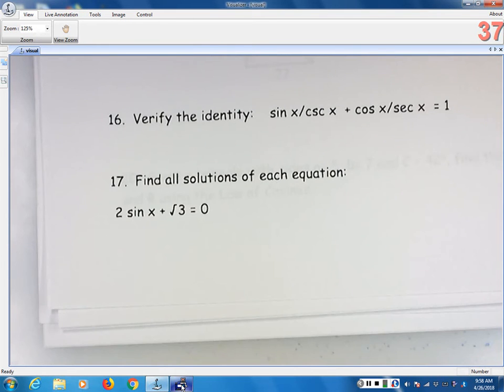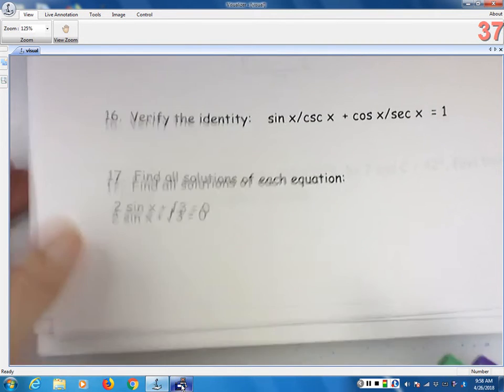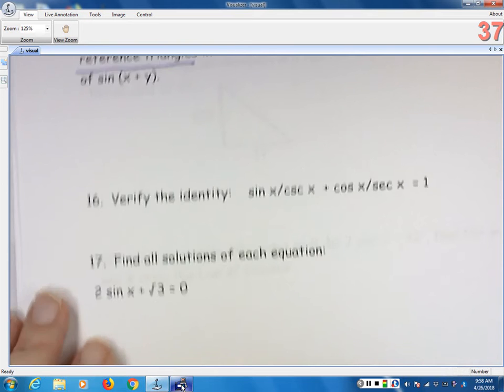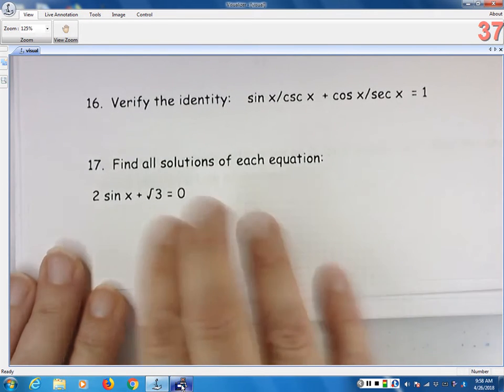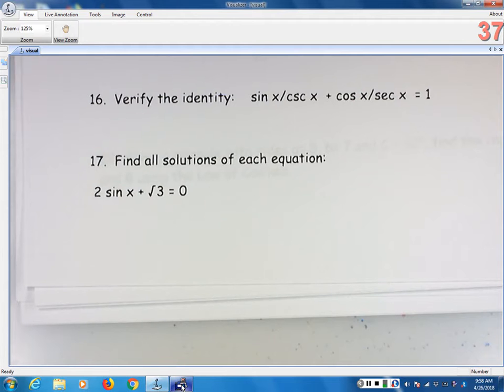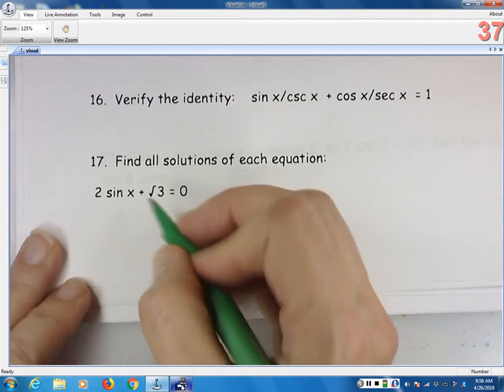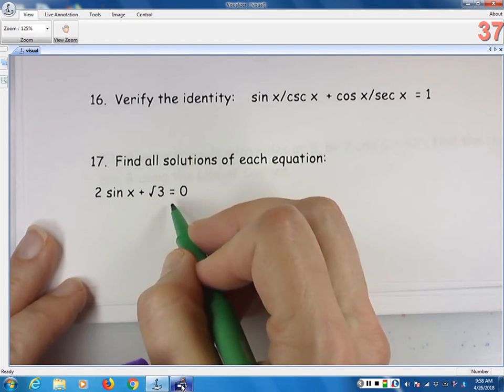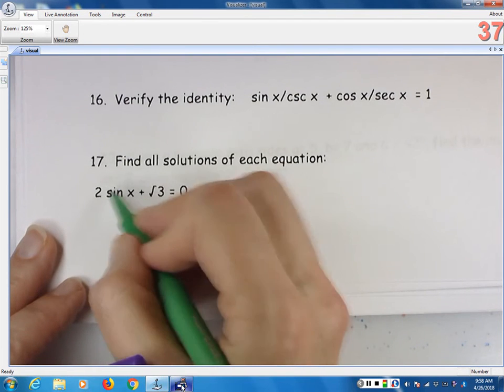All right, so we worked that problem, verifying the identity, and then there's finding all solutions of each equation. So how did we solve this? We set this to 0. And okay, we solved for the trig functions here.